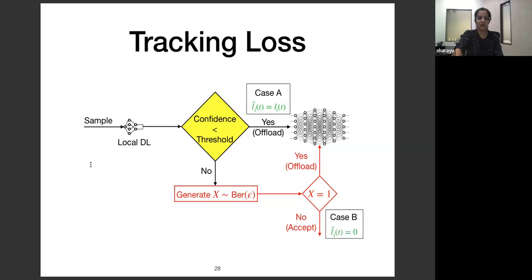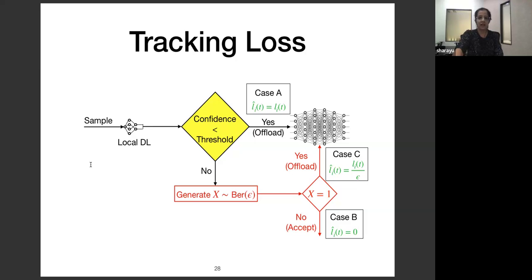Case B is when we accept the local inference. In this case, we never observe the remote inference and therefore cannot compute the losses for all the experts. So in the absence of this information, we circumvent this by equating L hat to 0 for all experts. Finally, in the third case, which is when the confidence is higher than the threshold, but we offload it anyway because of forced exploration, we make L hat equal to L scaled by a factor of 1 over epsilon.